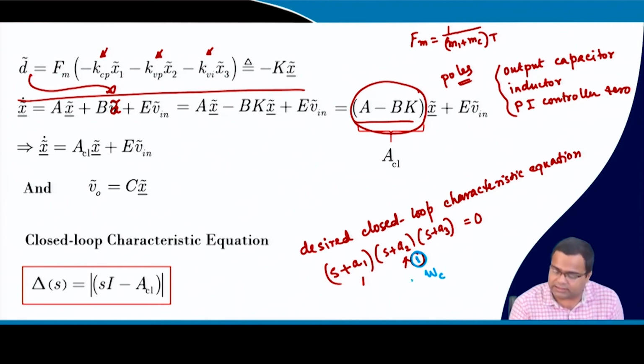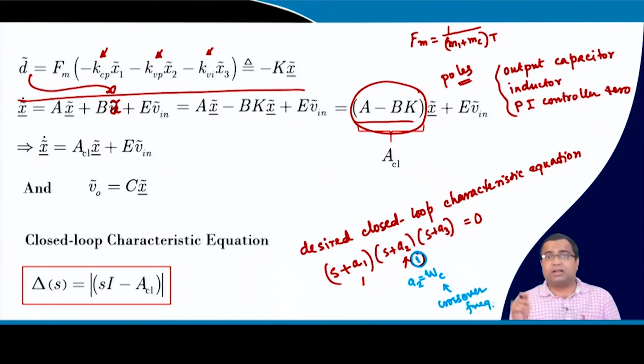That means I will set A2 equal to omega c, where omega c is the crossover frequency. Why? Because in the boost converter with output feedback we have discussed that the crossover frequency has to be some fraction of the RHP zero. So, one pole, which is due to the capacitor, I am placing at omega c.